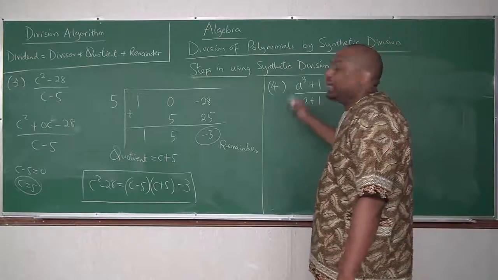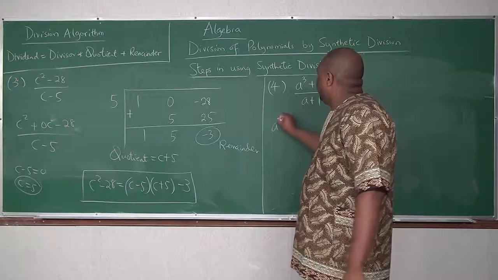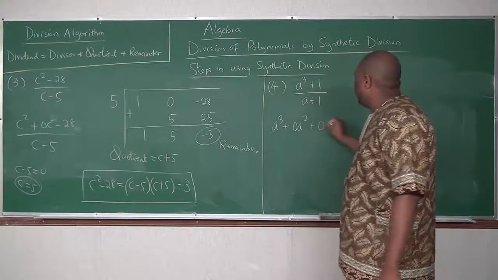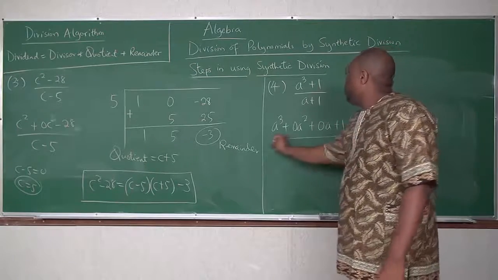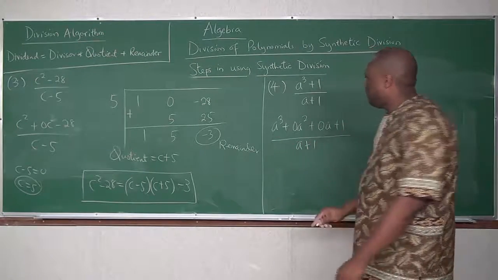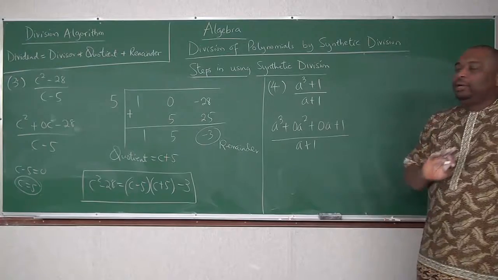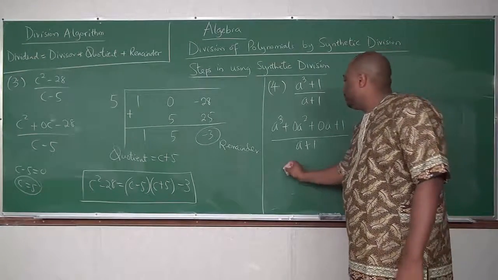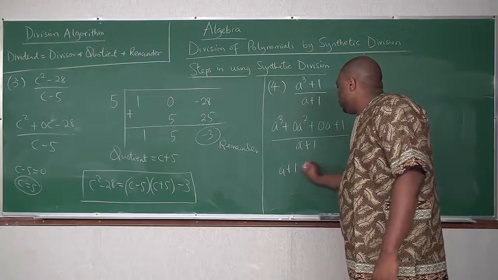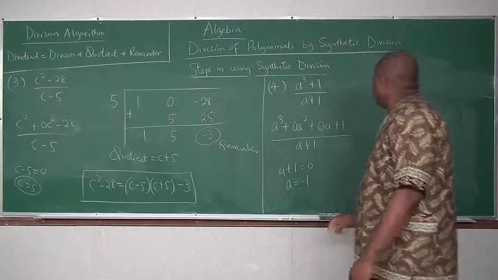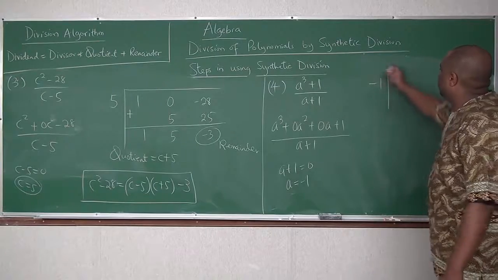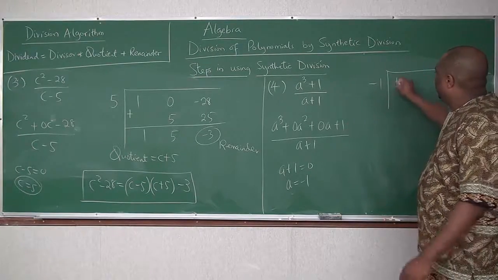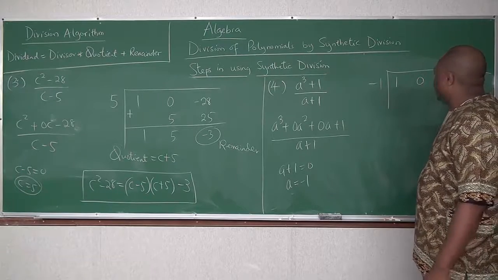So we shall complete it. This is a cubed plus 0a squared plus 0a plus 1 over a plus 1. Then we set the divisor to 0 and solve for the variable. a plus 1 is 0, so a is negative 1. So I write negative 1, I set it up, and write the coefficients here: 1, 0, 0, 1.